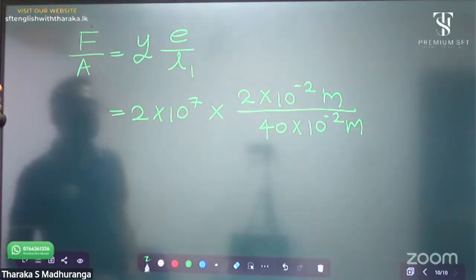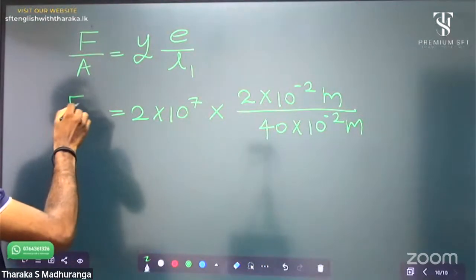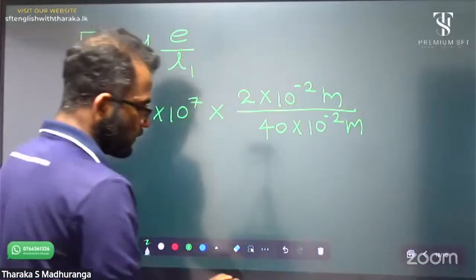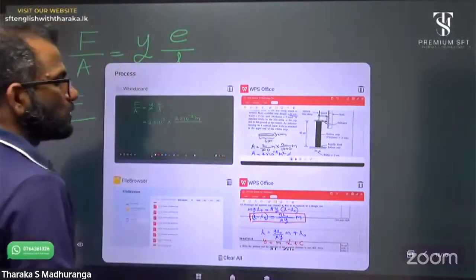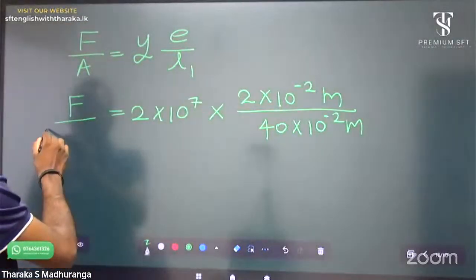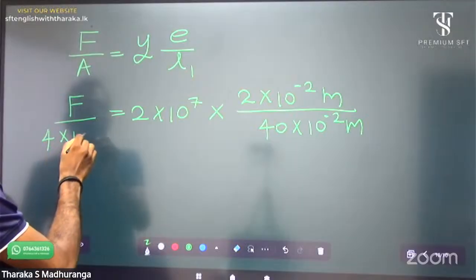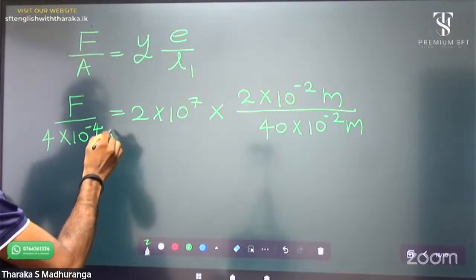Now, F over A, the cross section area, you got 4 into 10 to the power minus 4 square meter.